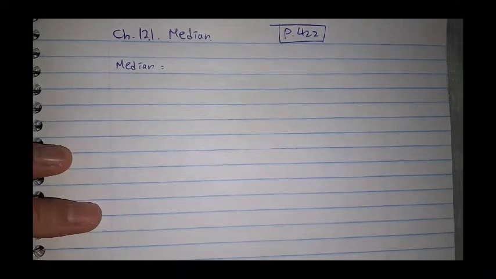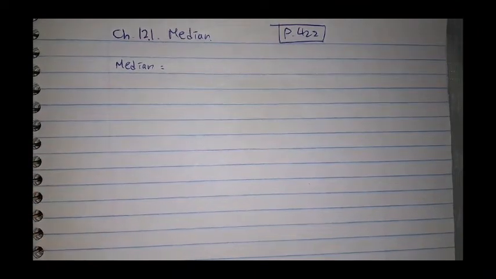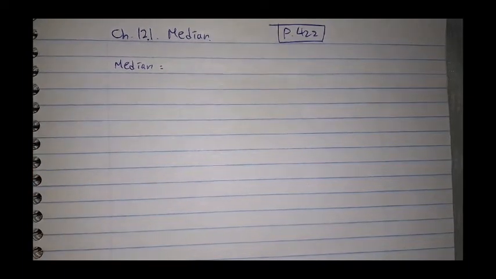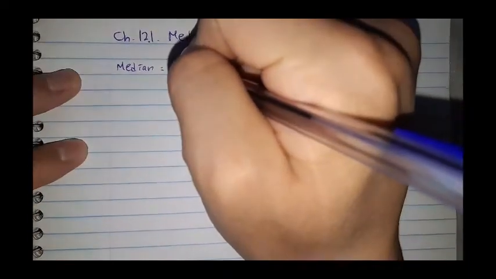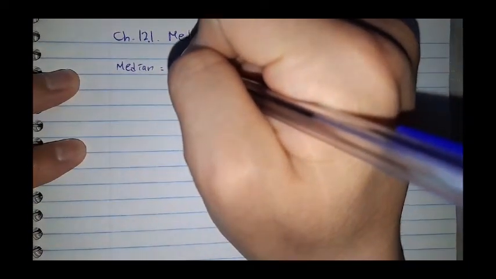Median. What is a median? Median is basically like the word middle or medium. The middle number in a set of data after the data have been arranged in order.